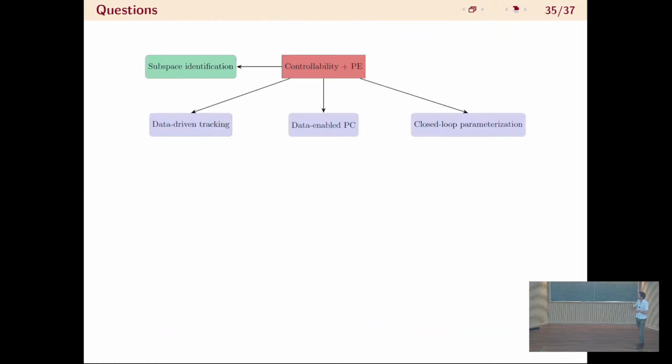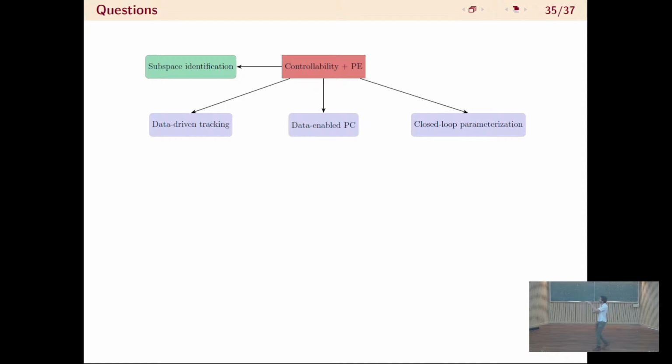Okay. Well, to summarize the lecture of today, what have we seen? Starting from the fundamental lemma, the assumption has always been controllability of your system and persistency of excitation of the input. And we've seen that under these assumptions we can do many things.